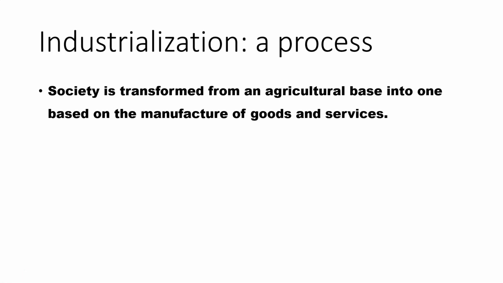Industrialization is a process in which society is transformed from an agricultural base into one based on the manufacture of goods and services. Before industrialization, societies are agricultural. Most people, the great majority of people, live and work on farms.